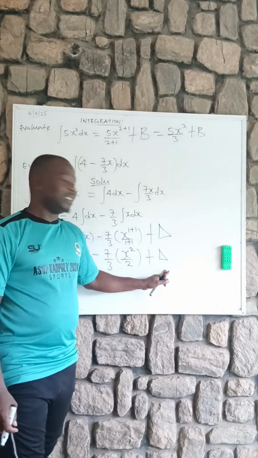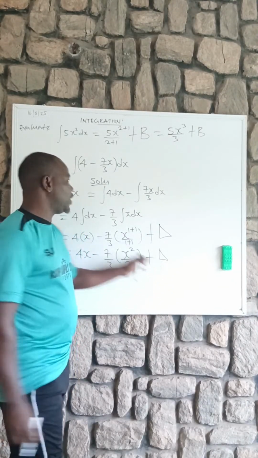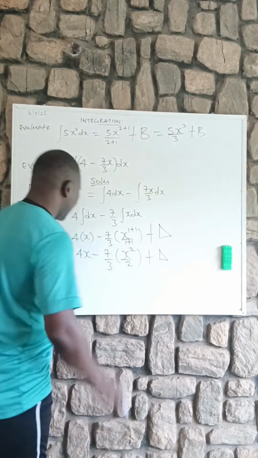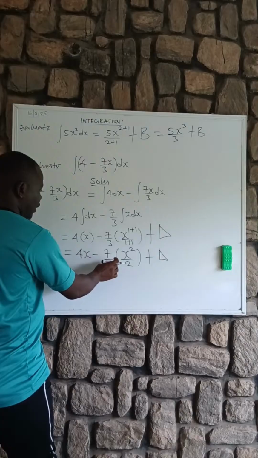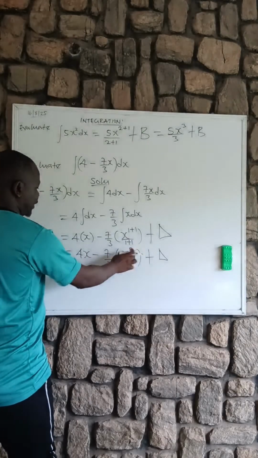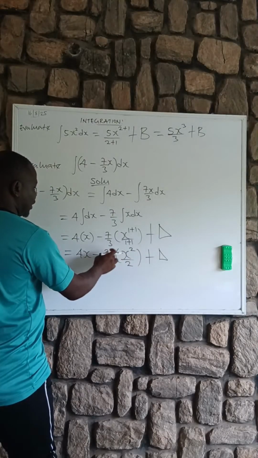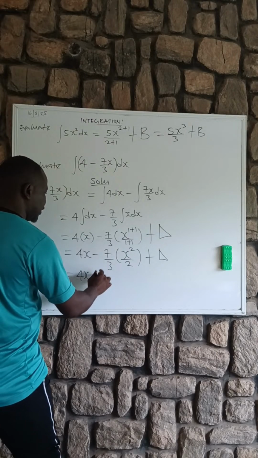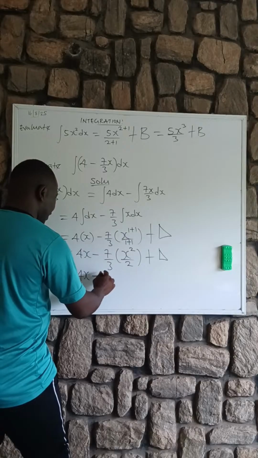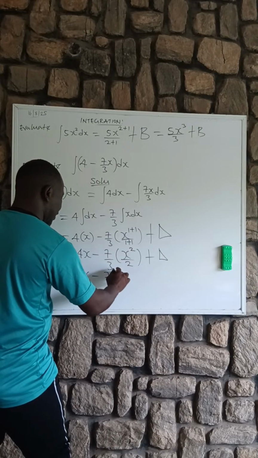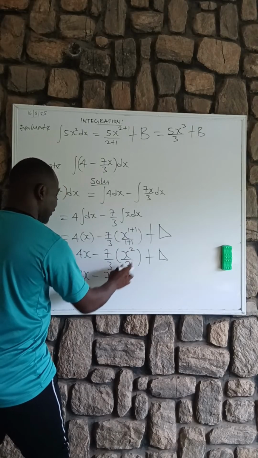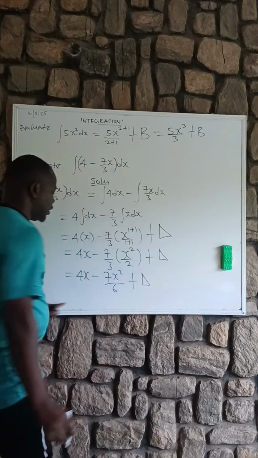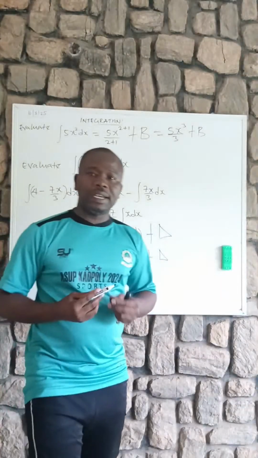This constant shows that you've integrated this function. Do you agree with me? Now we multiply: 3 times 2 is 6, so we have 4x minus 7x squared all over 6, plus d. So this is our final answer.